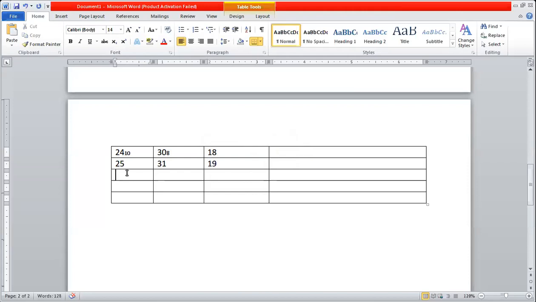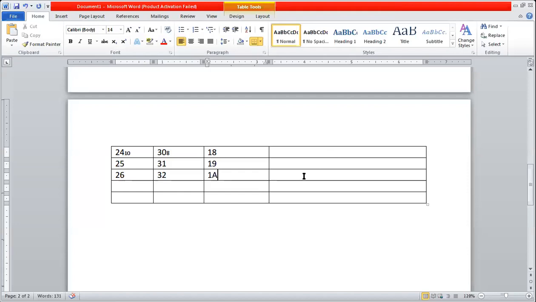Then I will write here 26. What is the number in octal? 32. In hexadecimal number? A0. Not A0. It is 1A.